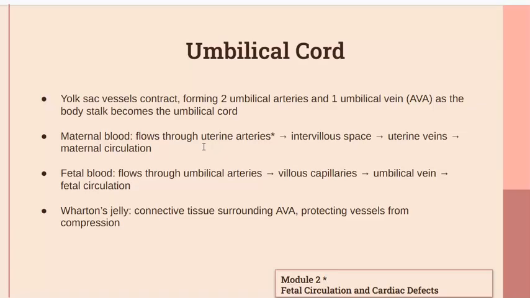They have 2 separate cardiovascular systems. The fetus just takes what it needs from a pool of blood that the maternal side of the placenta offers. We'll talk about fetal circulation and cardiac defects when fetal circulation doesn't change as it should as soon as the baby's born and takes its first breath, but that's more in Module 2.